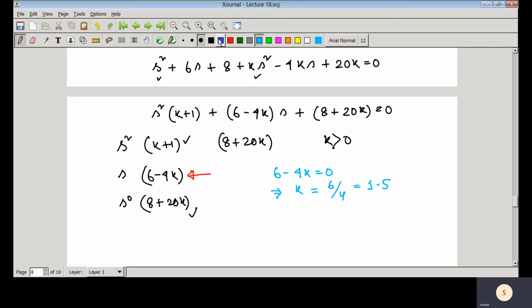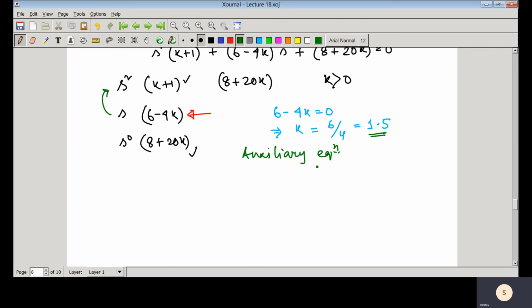So what is your auxiliary equation? For that auxiliary equation, you need to go one step above, and if we just replace k equal to 1.5, we will get the auxiliary equation, that is 2.5 s square. So we have replaced the value of 1.5, that is 2.5 s square, and here if you replace that k, you will be having 38 equal to 0.